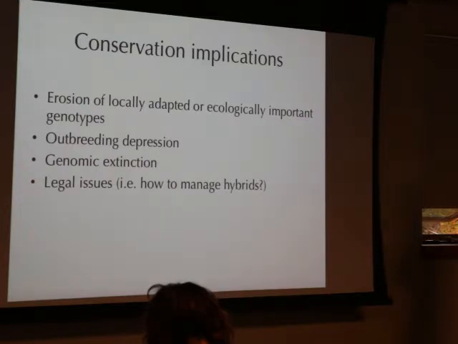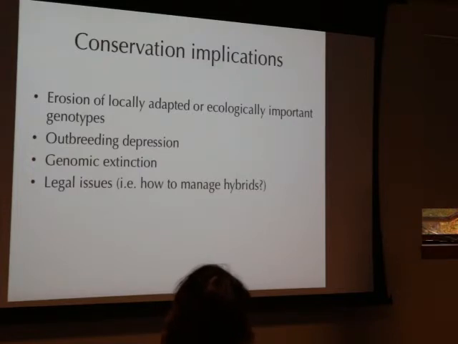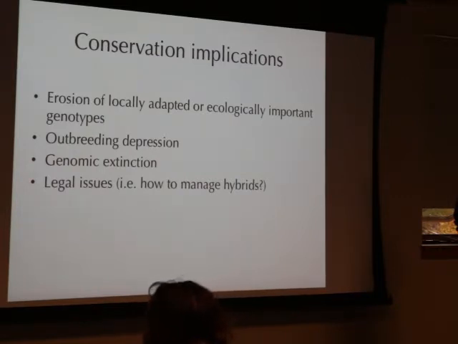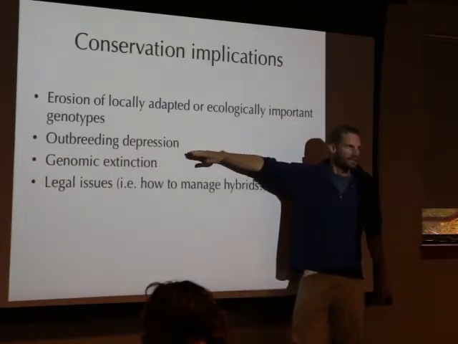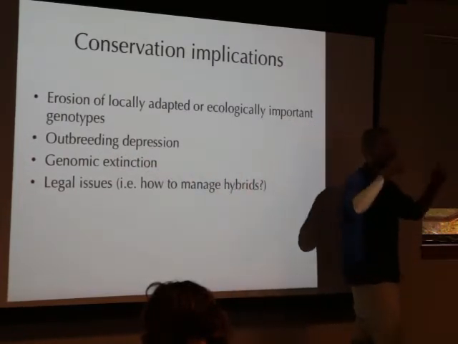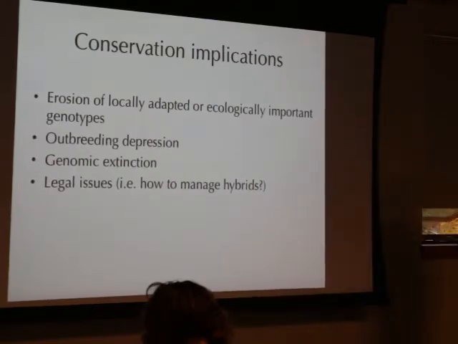So if you have species of conservation concern that are hybridizing with other species and receiving genetic material that's introgressing into the species of conservation concern, that introgression could result in some consequences, like the erosion of locally adapted phenotypes, outbreeding depression, which is essentially a reduction in fitness as a result of breeding between groups.